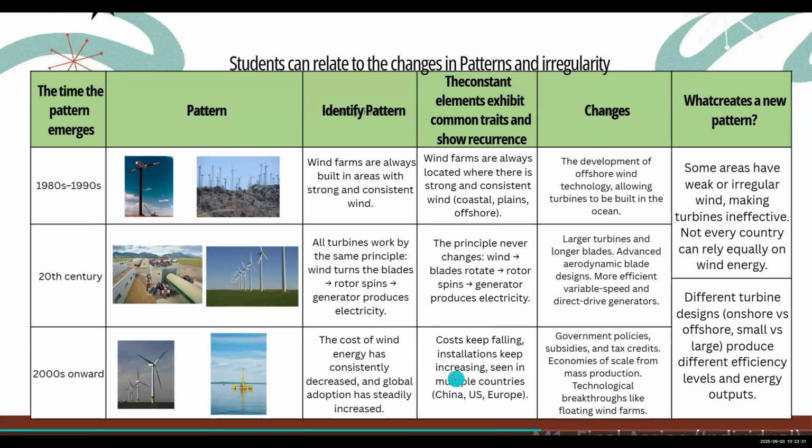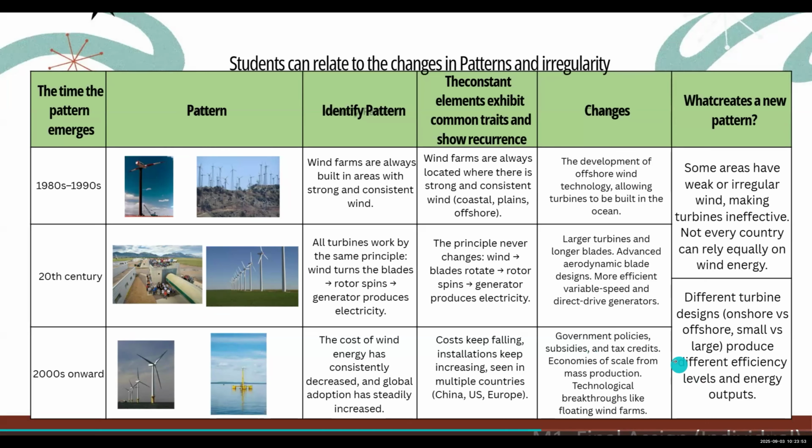And the third pattern is that the cost of wind energy has decreased because of the technology and the government policies and tax credits. If you create it, you will receive tax credits from the government.